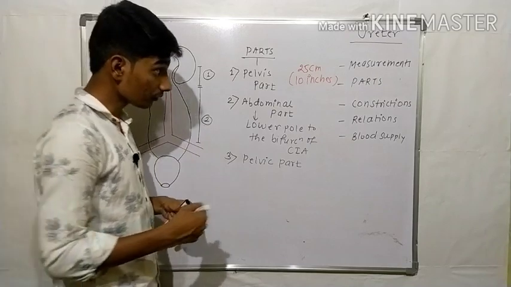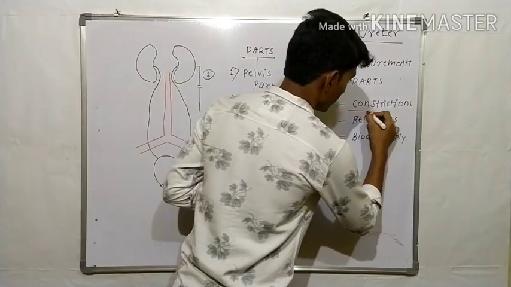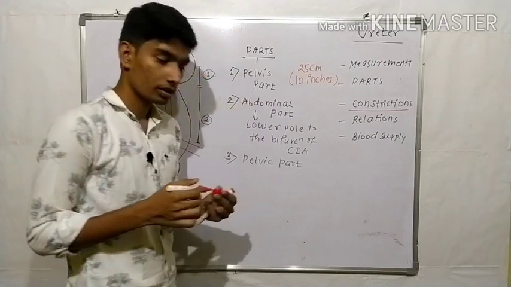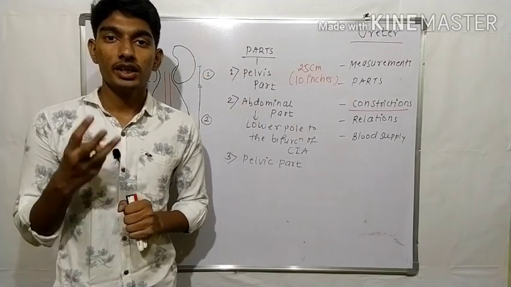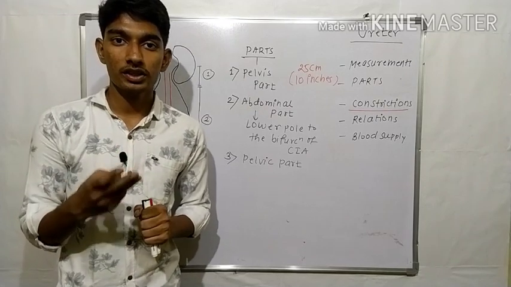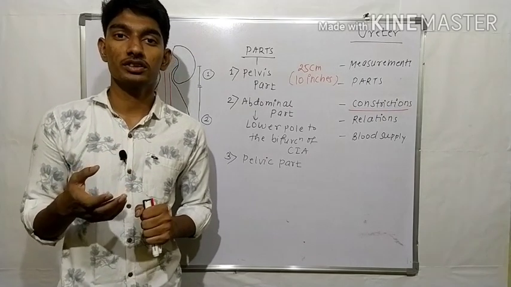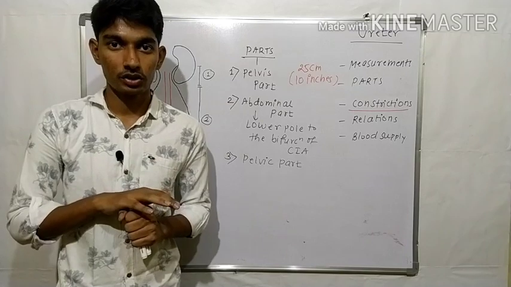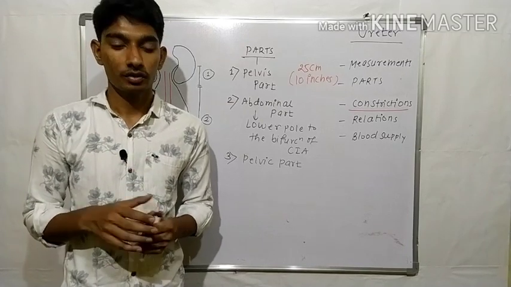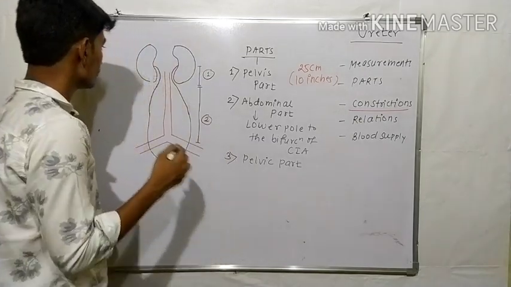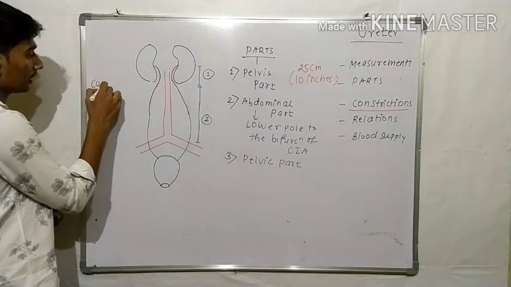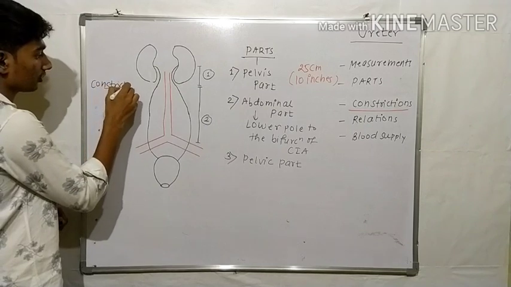Now, coming to the constrictions of ureter, there are total three anatomical constrictions, and two more constrictions that were described by surgeons. So total 5 constrictions are there. Now we will study those 5 constrictions one by one.